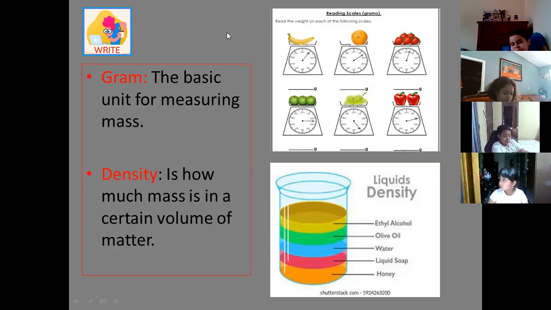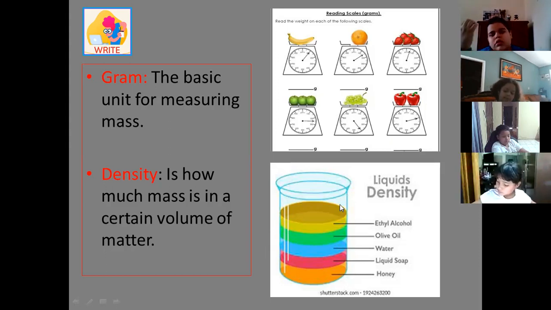No, that is science, okay? So this is the liquid density. We can make that experiment. Maybe I'm going to try to do it next week with you in class so that you can see the different kinds of density of those liquids, okay?